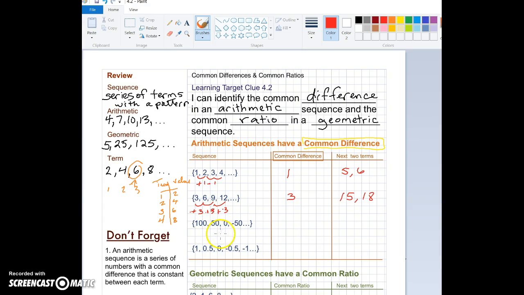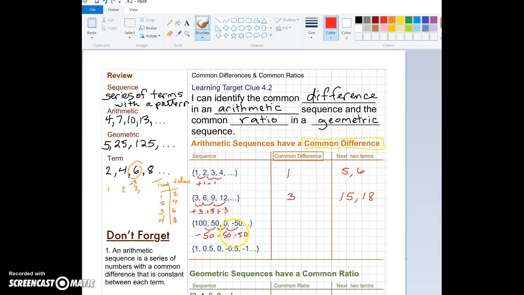All right, let's do the next one. 100, 50, 0, negative 50. What am I doing? What is my common difference? What am I doing between 100 to 50, and then from 50 to 0, and 0 to negative 50? I'm subtracting 50, aren't I? So I'm adding negative 50.